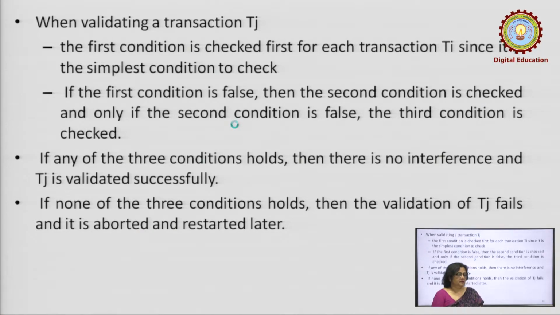If this condition is false, then the second condition is checked, and only if the second condition is false, then the third condition is checked. If any of the three conditions holds true, then there is no interference and Tj is validated successfully. But if none of the three conditions holds, then the validation of Tj fails and it is aborted and restarted later.